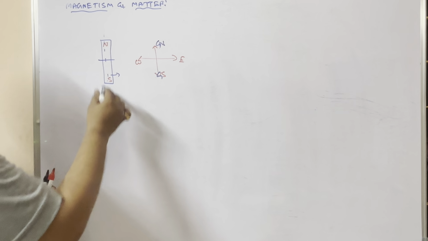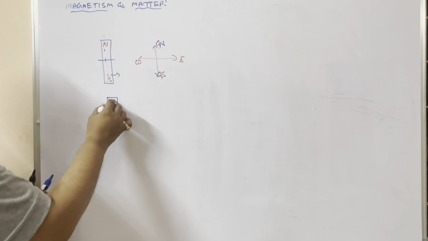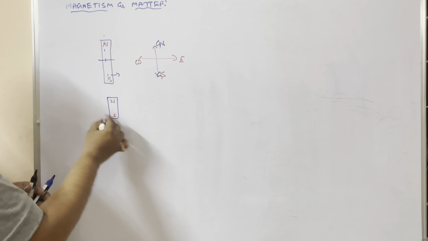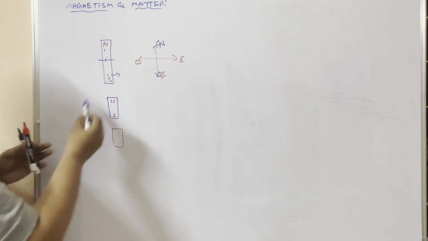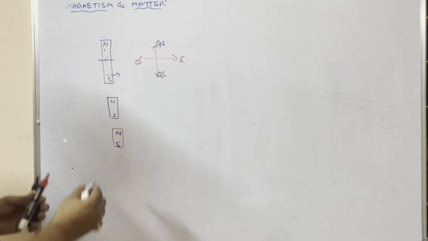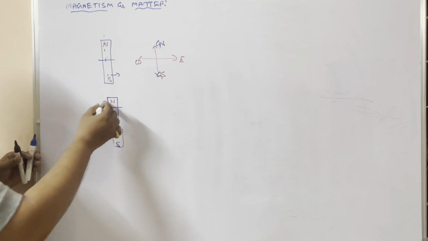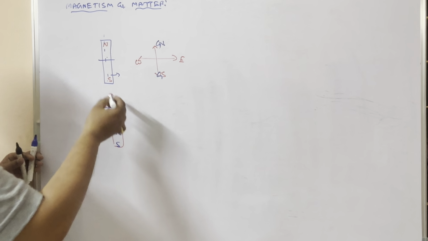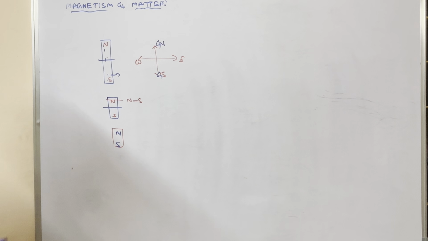If you divide this magnet into two parts, if you have the north pole here, you will get a south pole here. In the lower part, if you have a south pole here, you will have a north pole here. If you divide again, each and every minute particle will have both a north pole and a south pole.